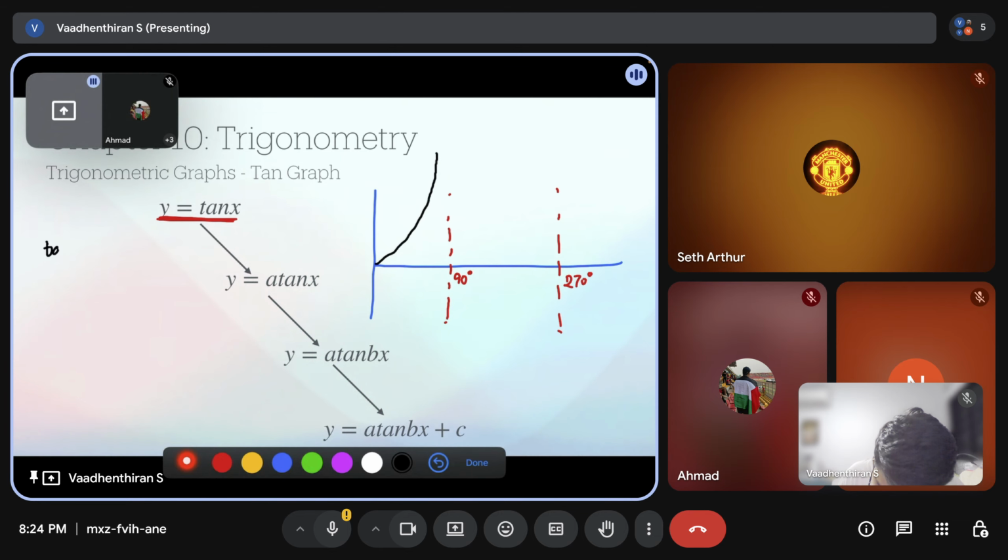So tan 90 is undefined. You know this, right? When you punch it on your calculator, it will show you math error. So what does that mean? Tan 90 is undefined. So there's no value for tan 90. Got it?